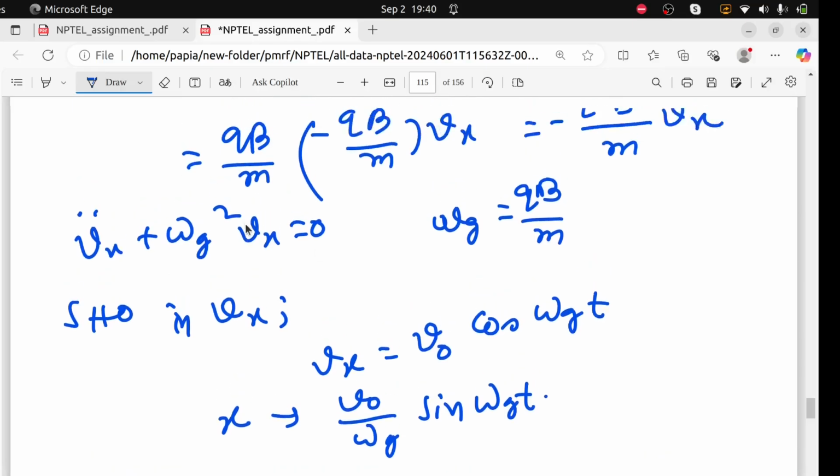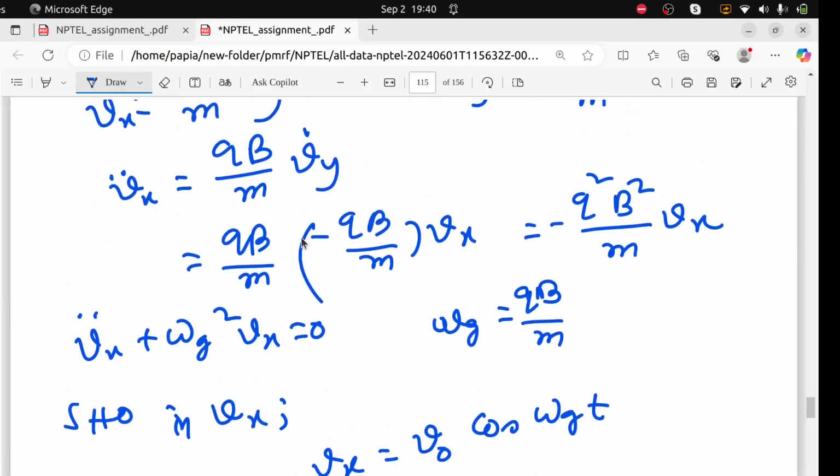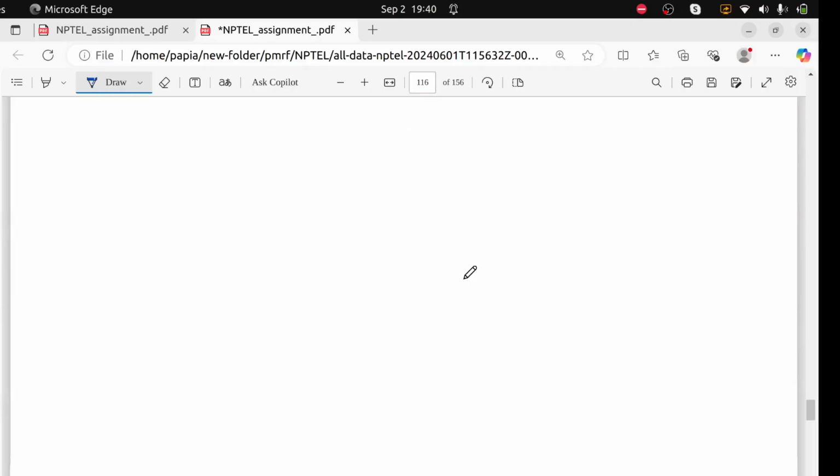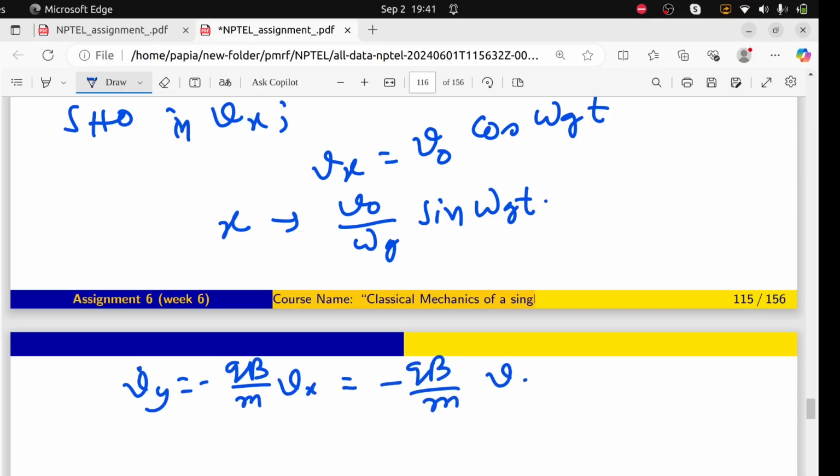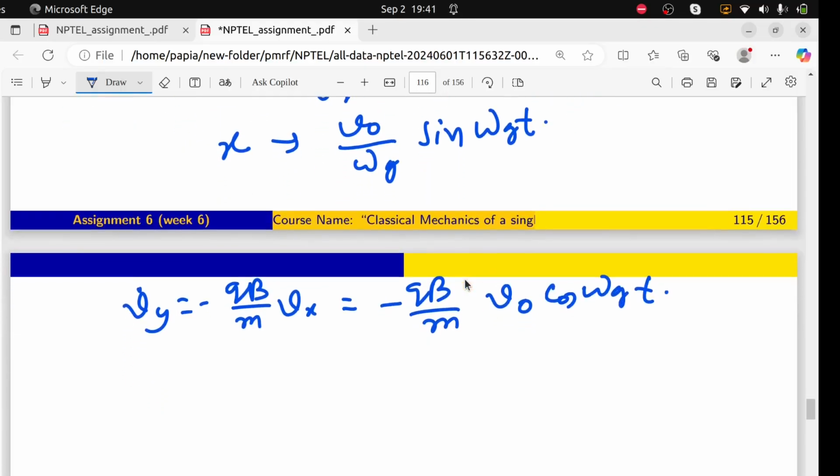Now if I got the Vx value, then Vy can also be calculated. Vy dot is minus qB by m into Vx. So minus qB by m V0 cos omega z t dt.